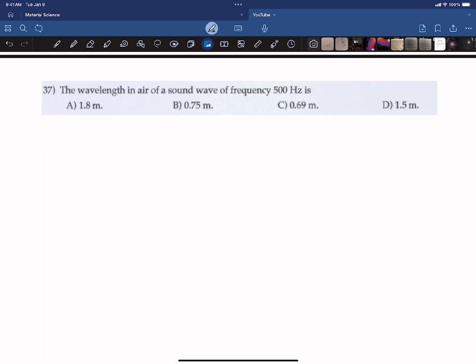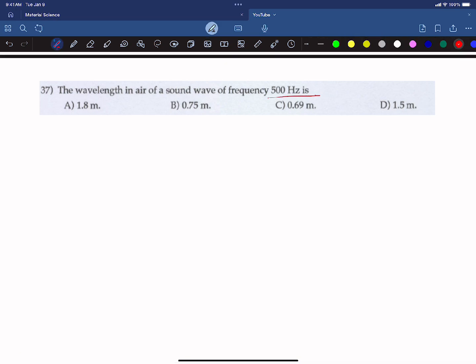So the wavelength in the air of sound waves of frequency 500 Hz is, so we know this general formula, lambda is equal to v upon f. v is the velocity, lambda is the wavelength, and this is frequency.